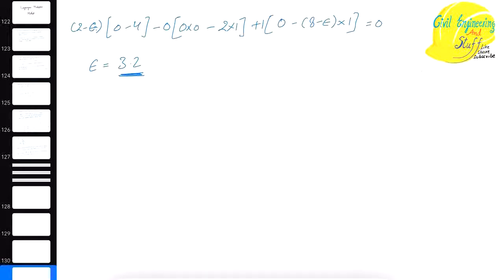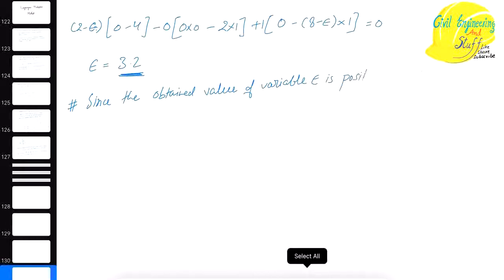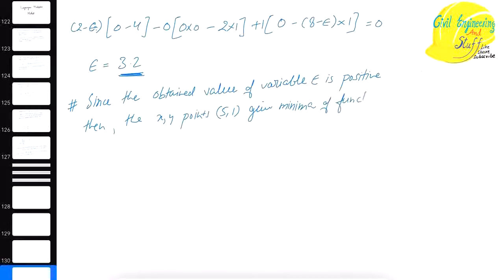So we can say, since the obtained value of the variable is positive, the x comma y point, that is 5 comma 1, gives the minima of the function. Right. So let's do another question.